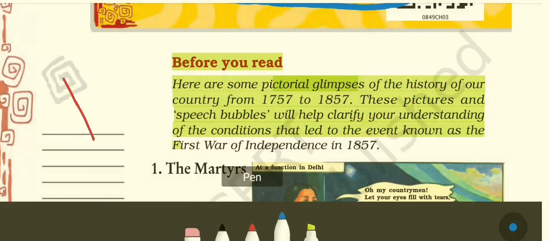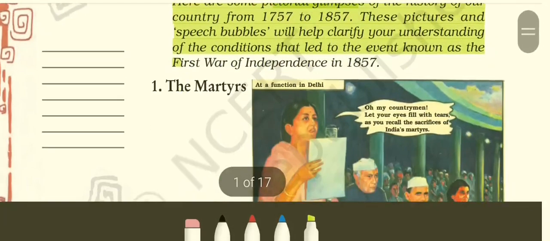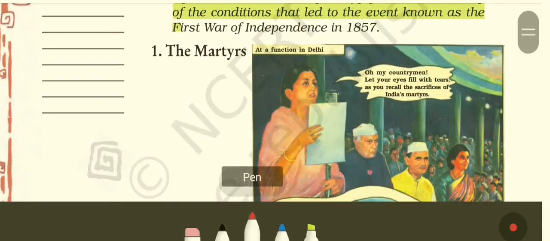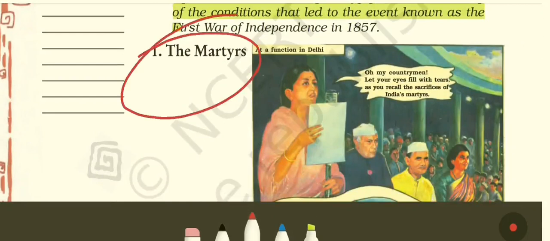So the first pictograph reads the martyrs. What do we mean by martyrs? Martyrs are those brave hearts who have laid down their lives for their country. These are the bravest patriots.